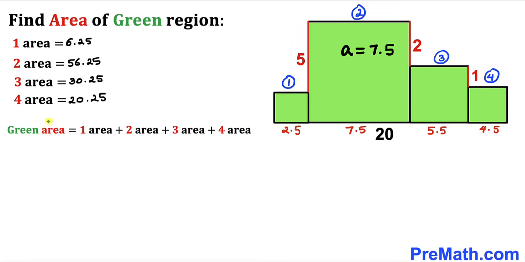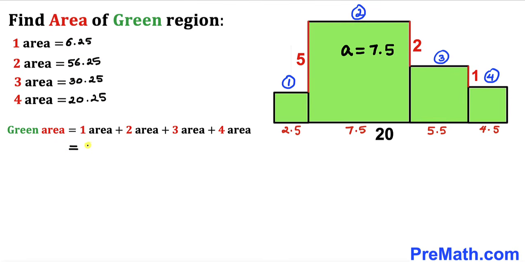And here's our final step. Let's go ahead and calculate the area of this green shaded region. We already figured out the area of box 1 as 6.25, for box 2 as 56.25, for box 3 as 30.25, and finally for box 4 it is 20.25. Let's go ahead and fill in the blanks.